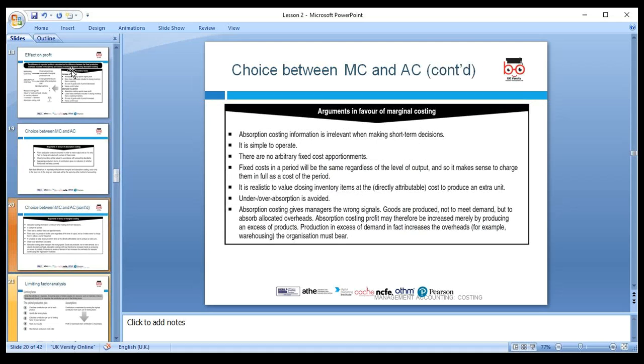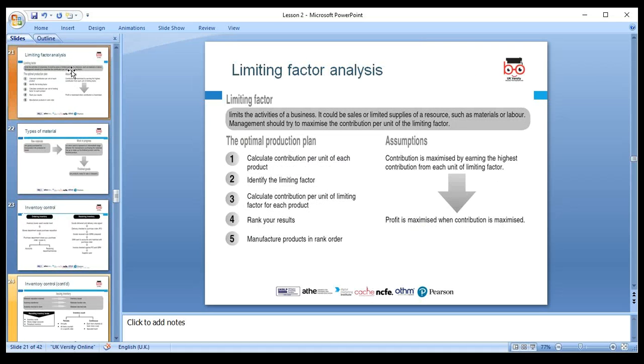So those are the benefits. You can argue in favor of absorption costing, and you can argue against marginal costing, and we can compare and contrast.